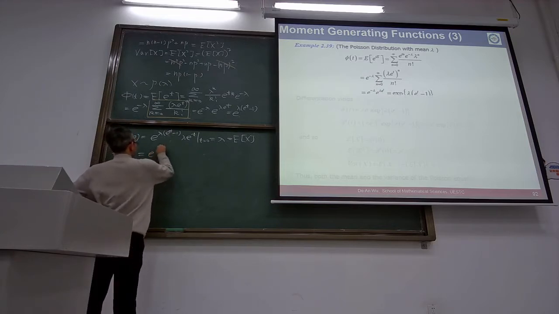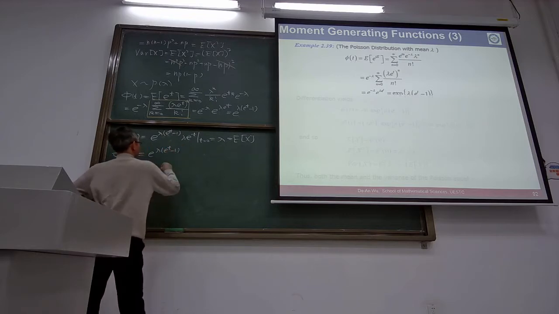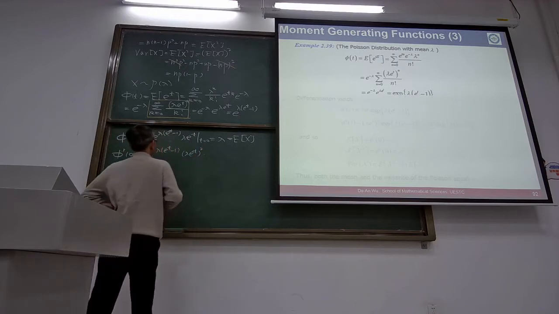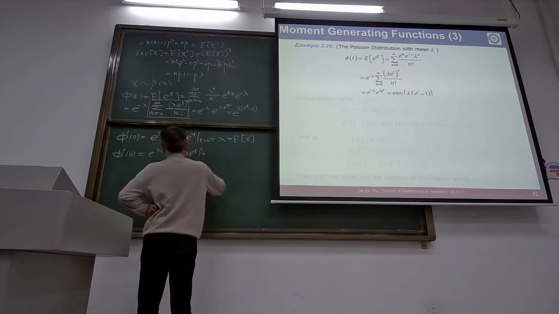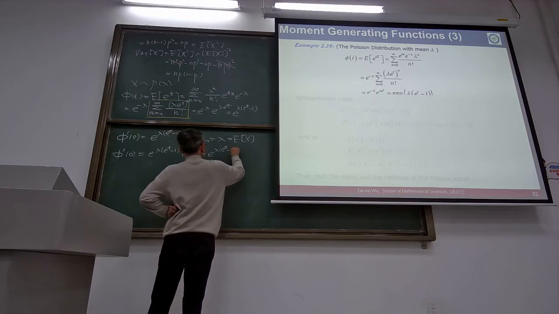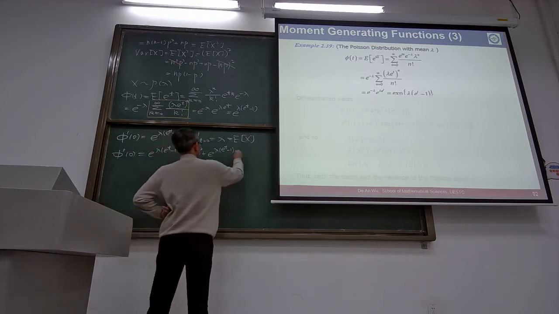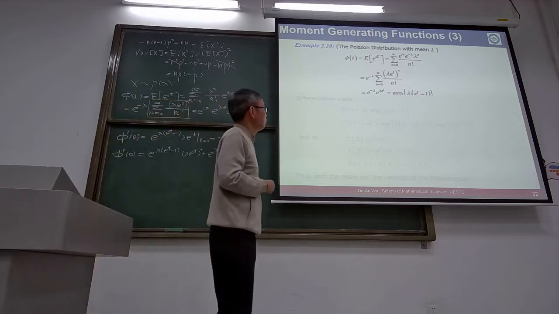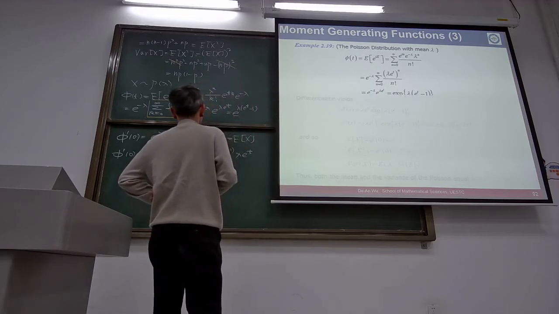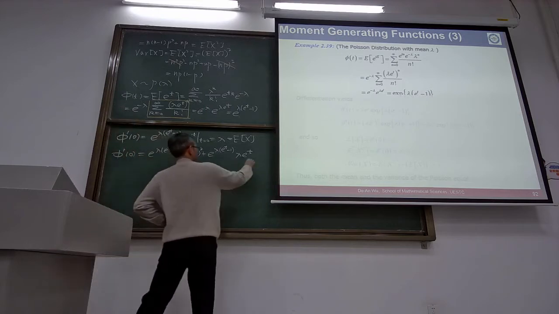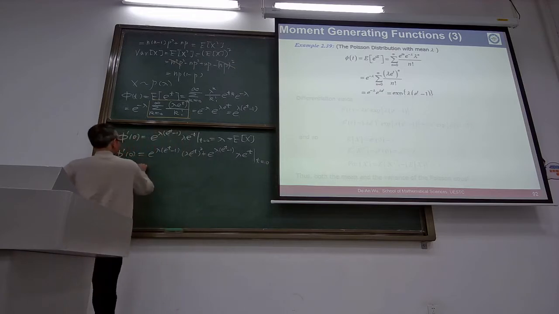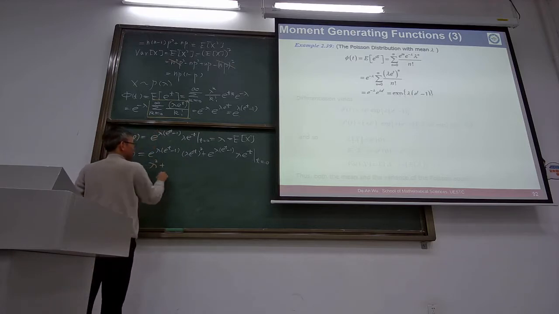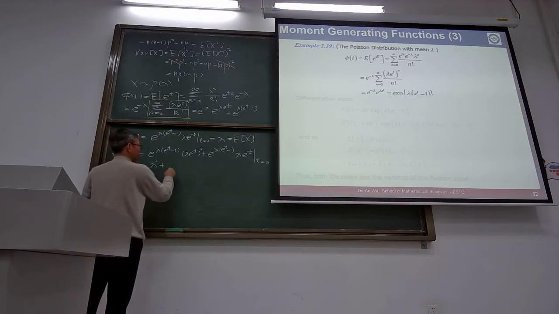This part just equals e to the lambda times e to the t minus 1, times lambda e to the t, squared, plus e to the lambda times e to the t minus 1, times lambda e to the t. Taking the derivative, nothing changed. Evaluating at t equals 0, this gives lambda squared plus lambda.